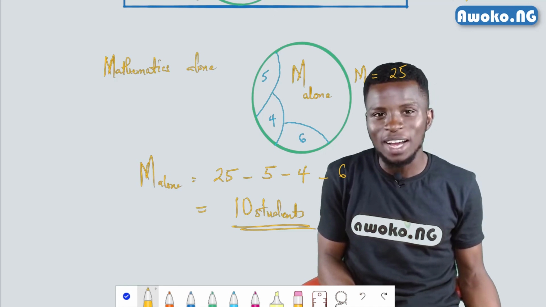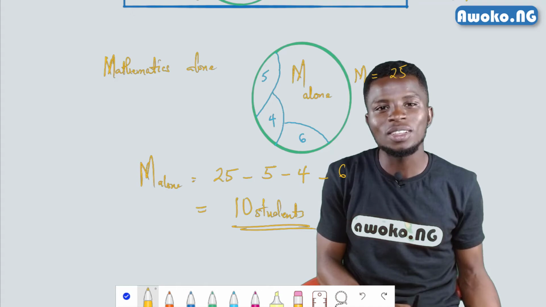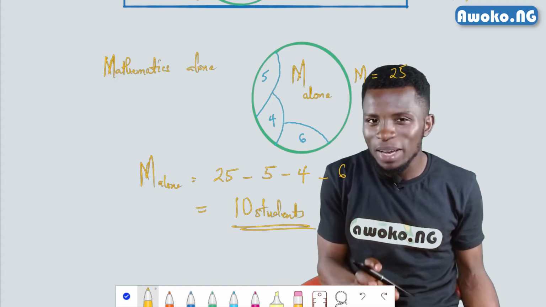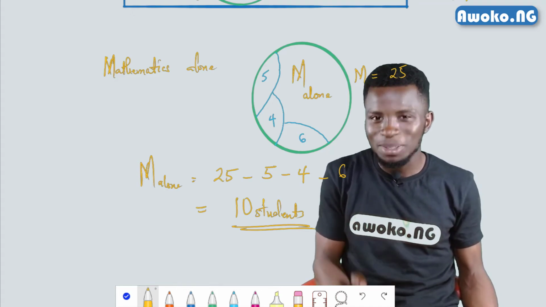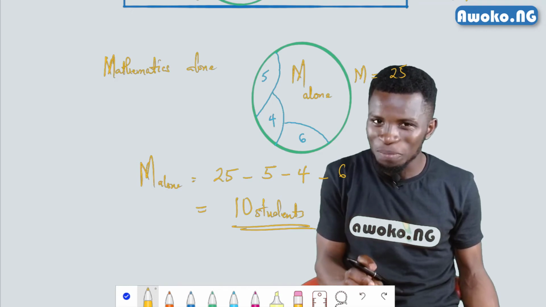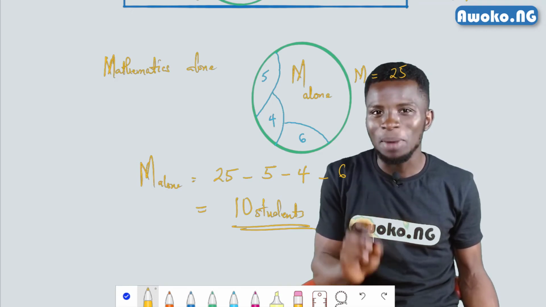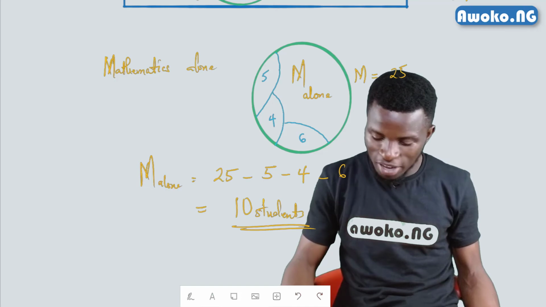Okay, let us go to the third question. We are asked to find the number of students that offer government but not mathematics. Please listen to that very well. Government but not mathematics. I'm going to show you from the Venn diagram.